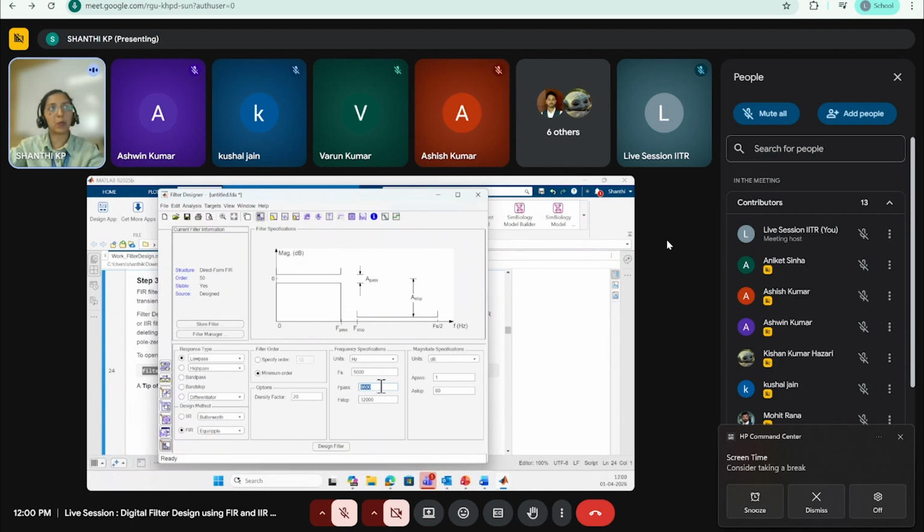And we have also identified the pass band frequency and stop band frequency. So Fpass here is the pass band frequency. As you might already know, the pass band frequency is the frequency up to which you want to let the signals go, which frequencies you need to preserve.